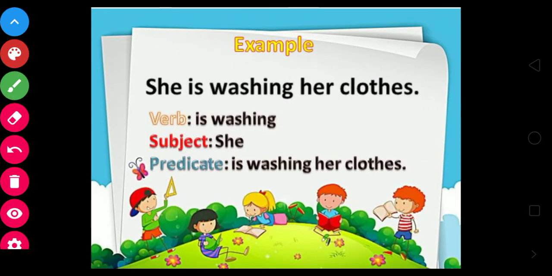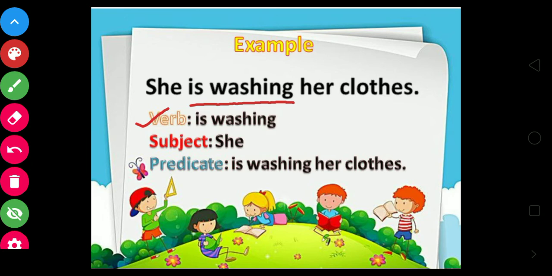Say for example, we have a sentence, she is washing her clothes. Okay, so over here, what is the verb? First we'll identify the verb. So the verb in the sentence is washing. Okay, so if we want to frame the question to identify the subject, we'll ask who is washing the clothes.